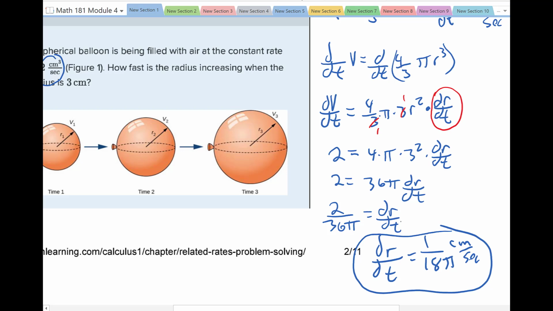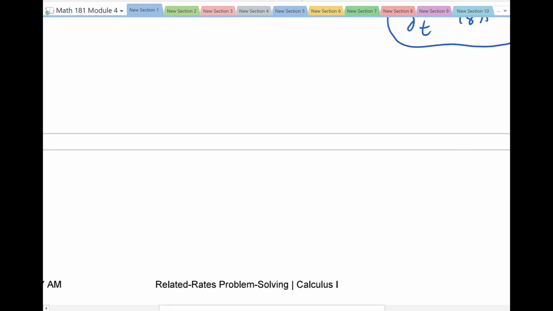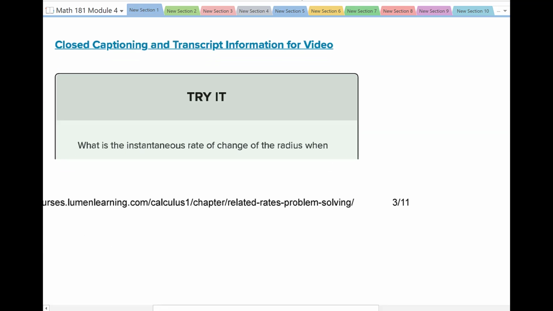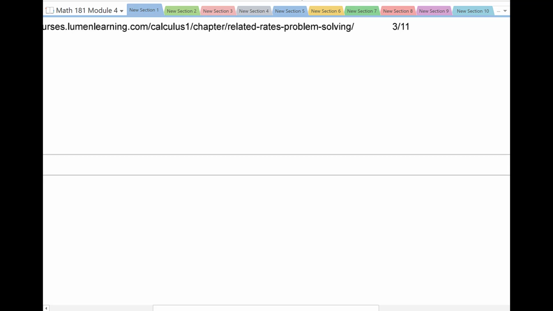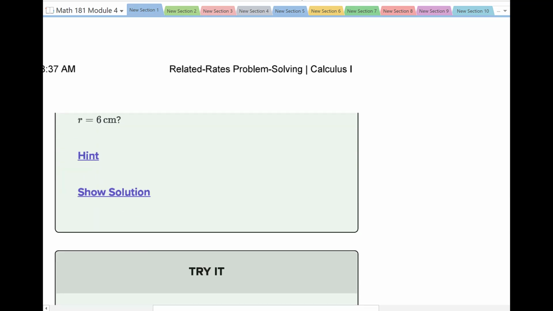It's kind of fun. Okay, let's look at another one. What is the instantaneous rate of change of the radius in that previous problem when r equals 6 centimeters? So what do we have?